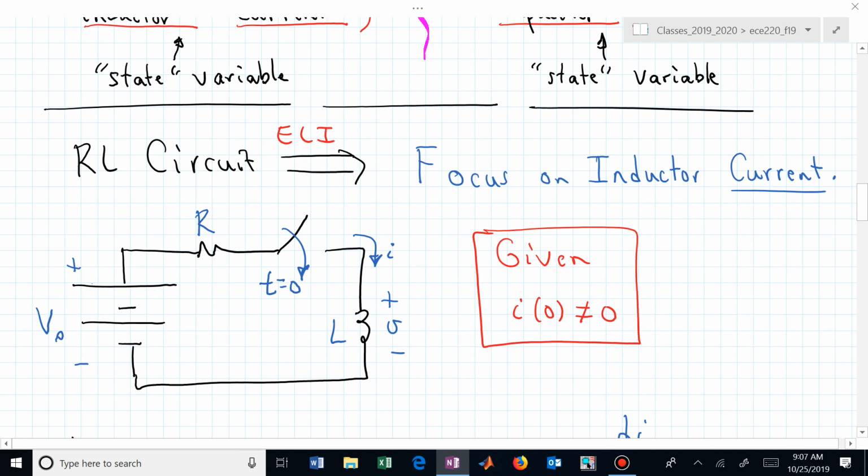We could do that by switches and sources, but let's clean this up a little bit and only worry about the circuit after time 0, and let's just assume then that the current through that inductor is something other than 0 at time 0, or the initial condition we'll just call I of 0.